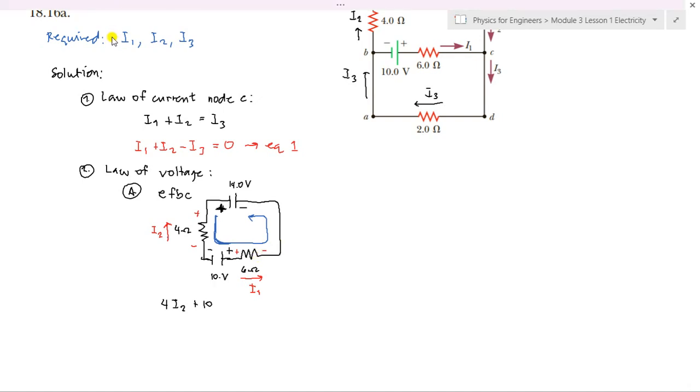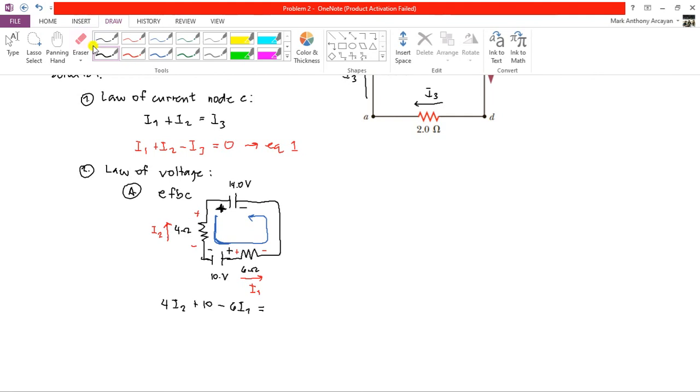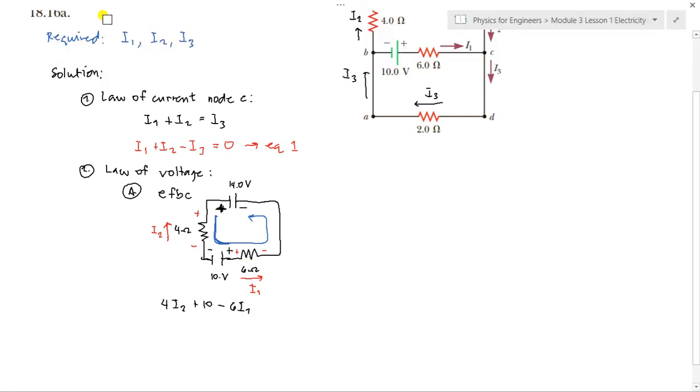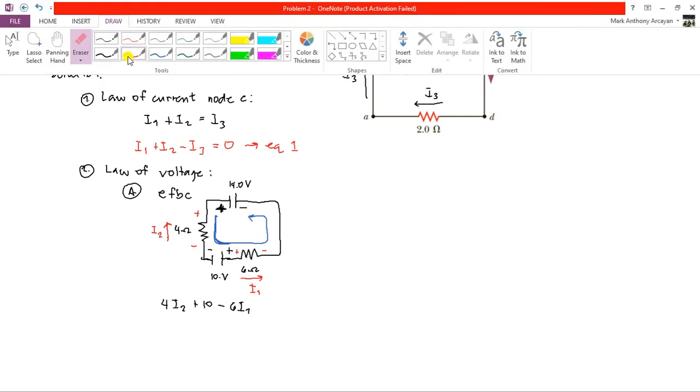So this would be negative 6I1. We meet no other lines, and we return to 0. Of course, there is also the 14 volts source in the battery, which is positive because a source is a voltage rise.